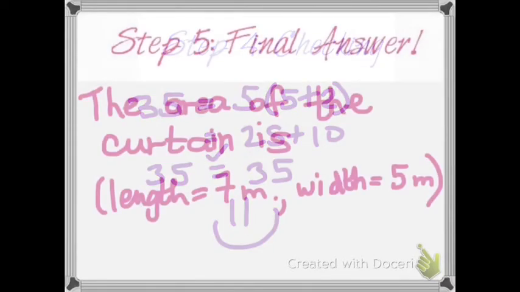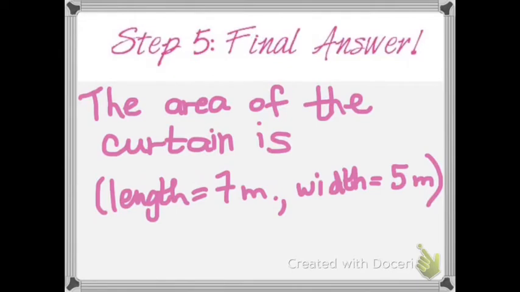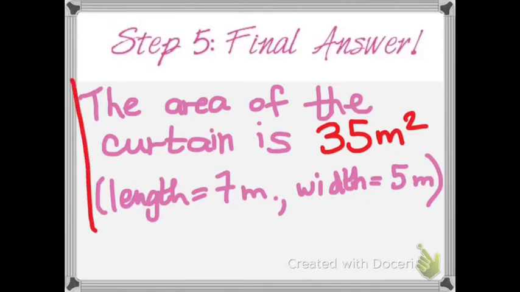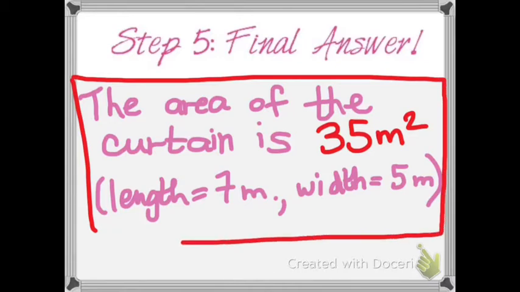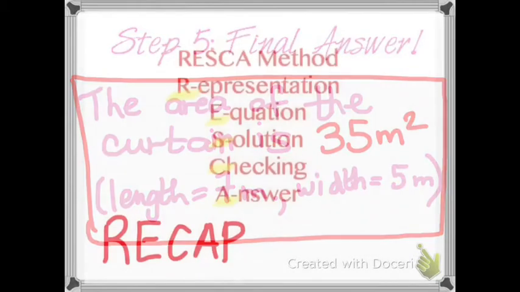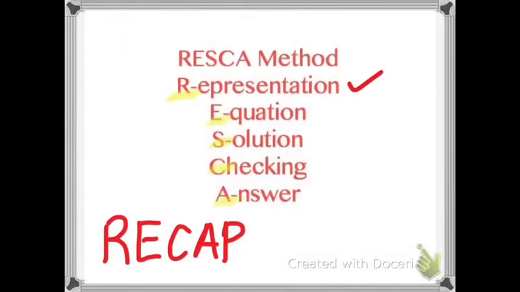Area is 35 meters squared, so 35 equals 5 times 5 plus 2. 35 equals 25 plus 10. 35 equals 35. You place a small check mark above the equal sign. It's 35 equals 35, which means it's correct.